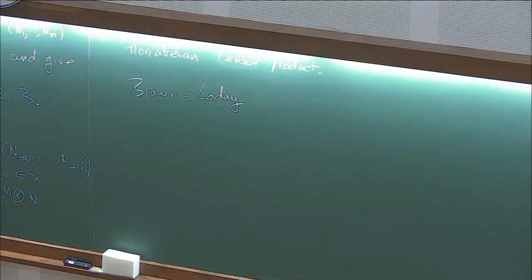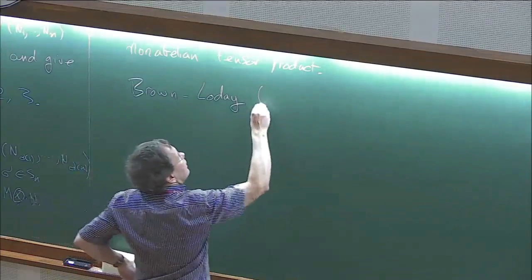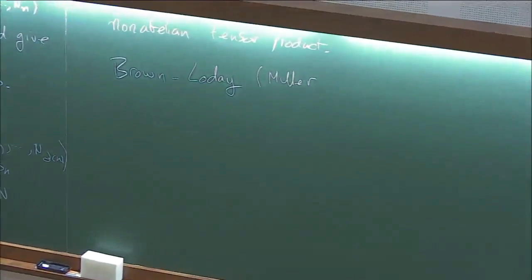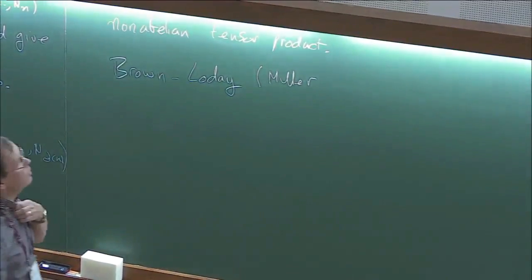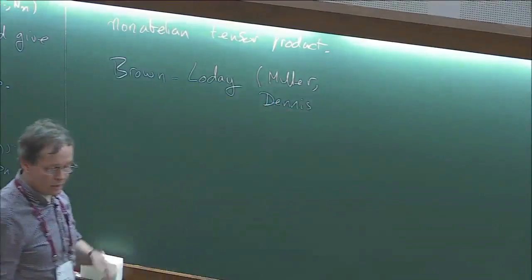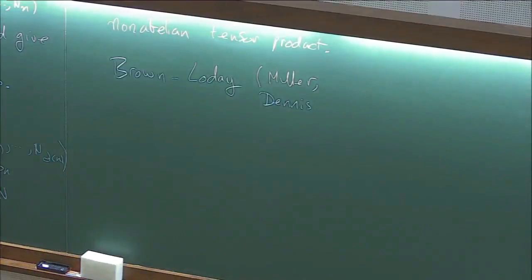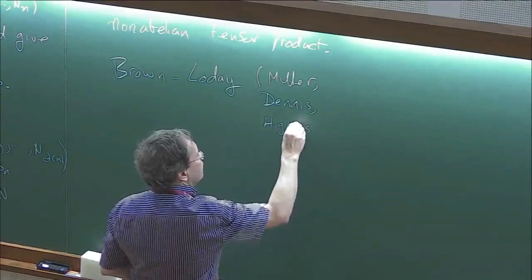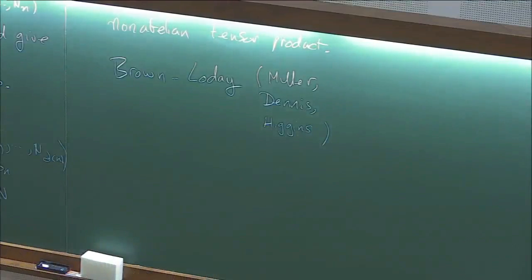But the definition, I'll recall it, certainly derived from an old paper of Clair Miller, who in the 1950s wrote a paper on the second homology of a group. It certainly derived inspiration from work of Keith Dennis, who was looking for higher K functors in algebraic K theory. And one name that never gets mentioned when this definition is written down is Philip Higgins, who unfortunately died last year.